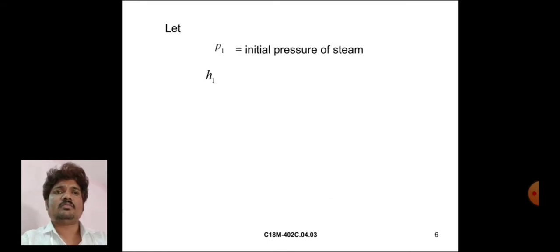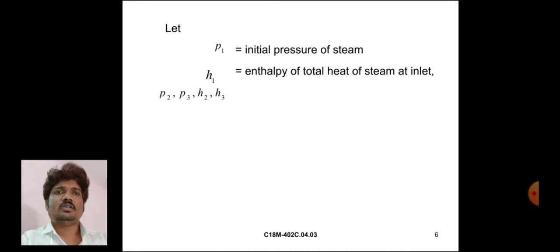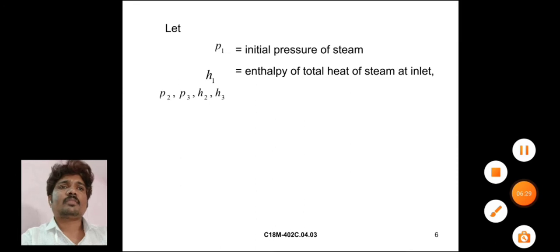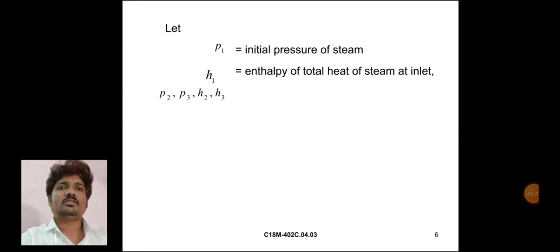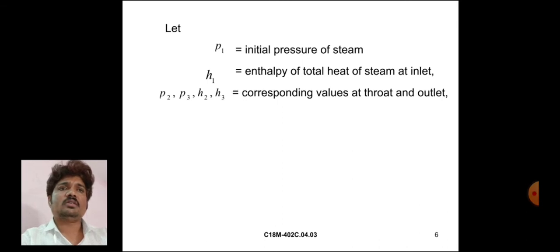In the above figure, let P1 be the initial pressure of steam. H1 is the enthalpy, or total heat, of steam at inlet. P2, P3, H2, H3 are the corresponding values at throat and outlet. P2, H2 are throat values.